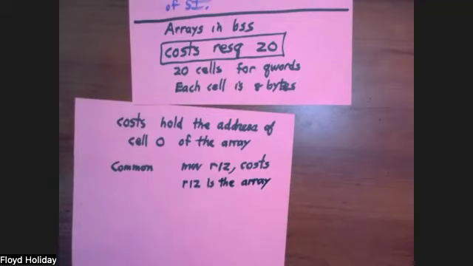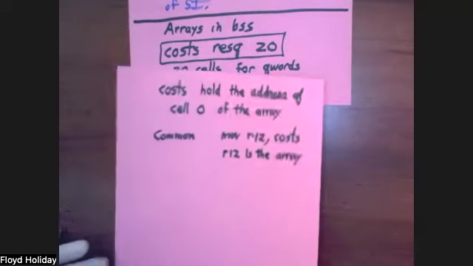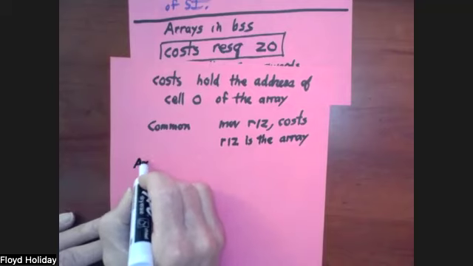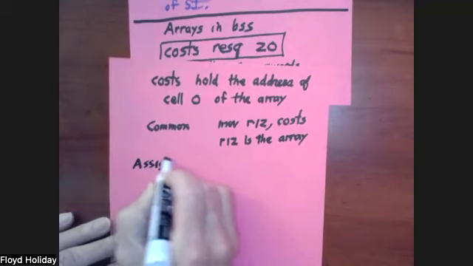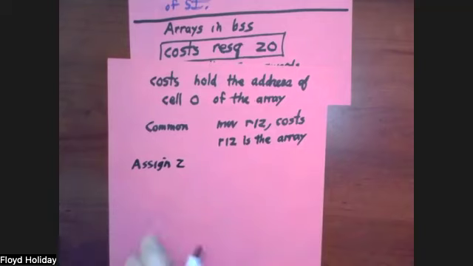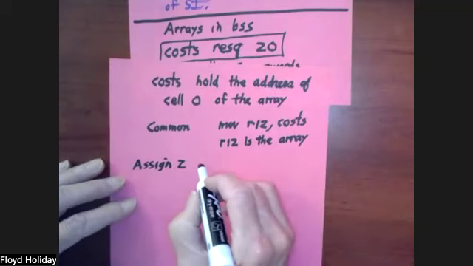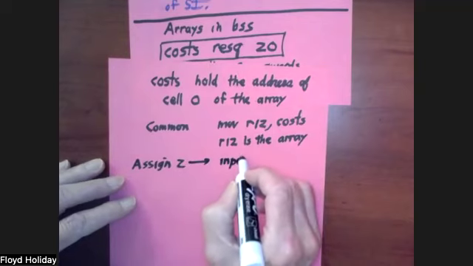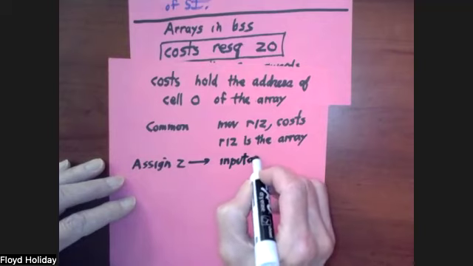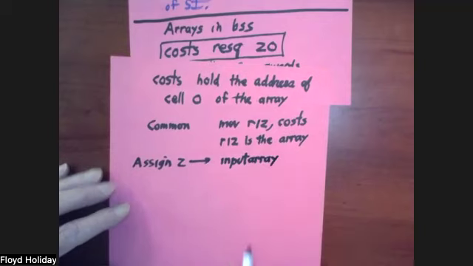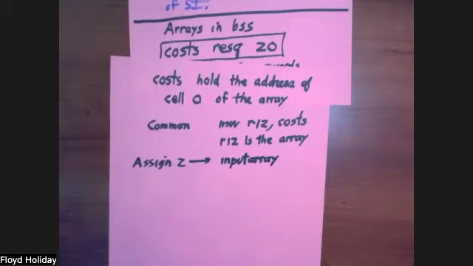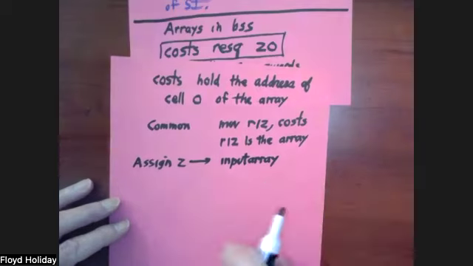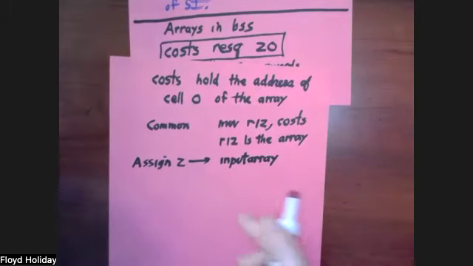Okay, so your assignment number 2 is related to all this. Assignment 2 asks you to make 3 or 4 functions, one of which is input array, meaning input the values into an array. This array is declared in a higher function which calls the one called input array.